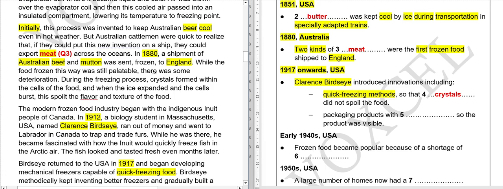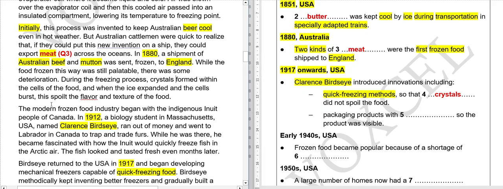Coming back up, I told you I found the answer here. Here it is written that during the freezing process, crystals formed within the cells of the food, and when the ice expanded, the cells burst. This spoiled the flavor and the texture of the food. So what spoiled the flavor and texture of the food?